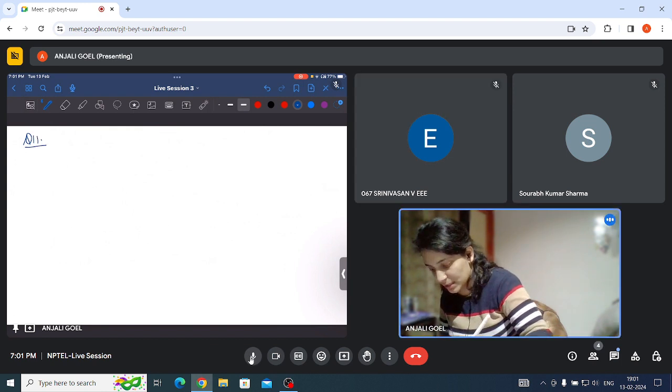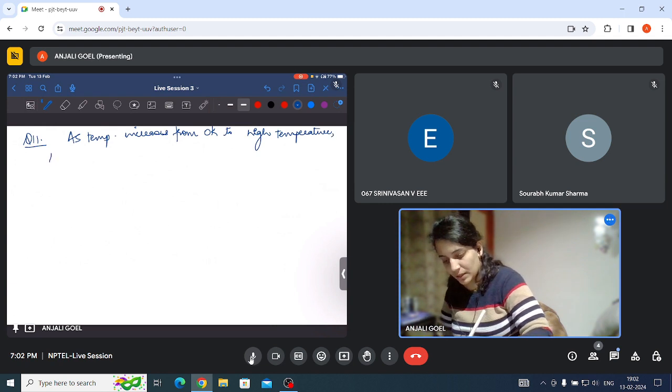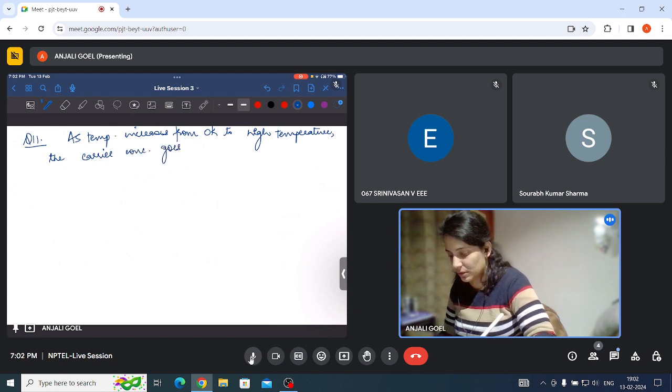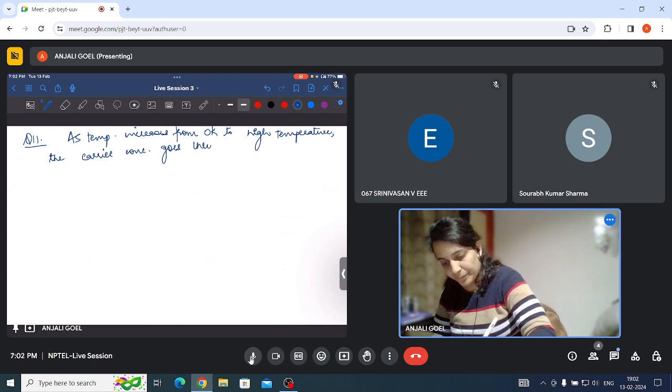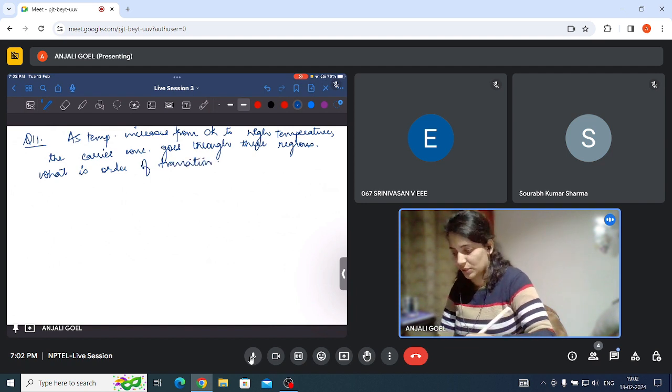Okay, so the last is, as the temperature increases from 0 K to a high temperature, the carrier concentration goes through three regions. So, what is the order of transition?